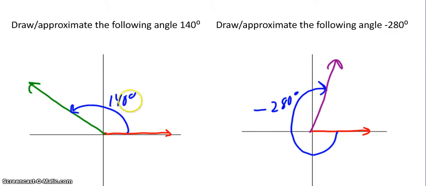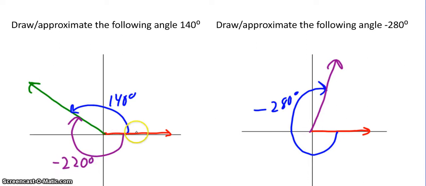Notice that for both of these angles, I could represent them with a negative angle or a positive angle respectively as well. So 140 degrees positive is this angle, but there's also this angle here. Well, if this is 140 degrees, then this negative angle would be negative 220 degrees.